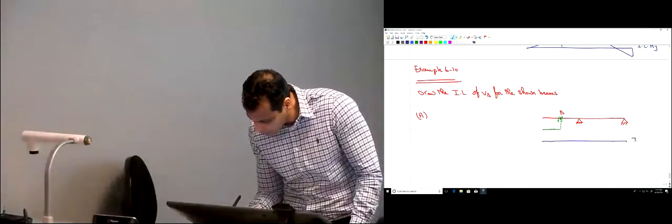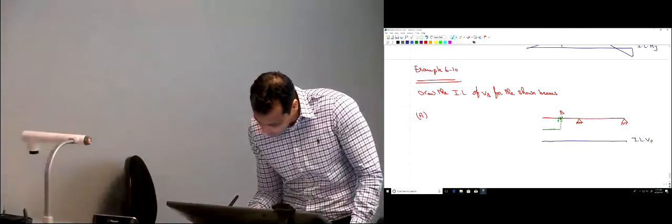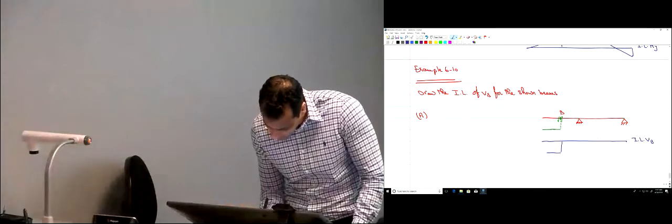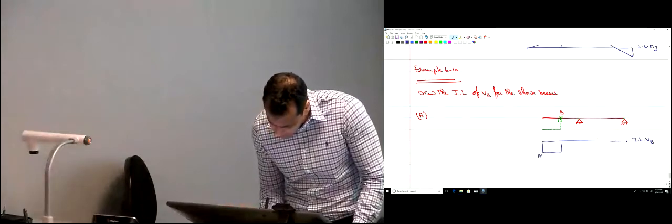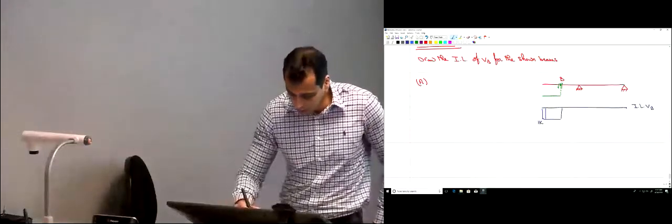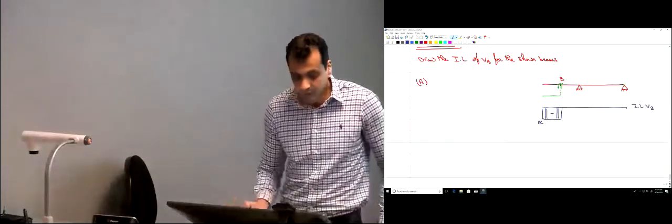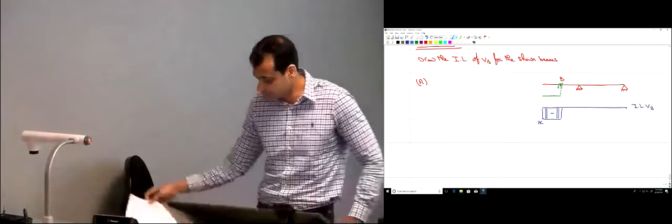The left part is going to be able to move down, while the right part is not going to be able to move because there are two supports, so it's going to prevent it from moving up. So now that's the influence line for VB. This is how the influence line of VB looks like. The displaced shape. That height is 1, or the unit. That's the influence line of VB, according to Muller-Breslau principle.